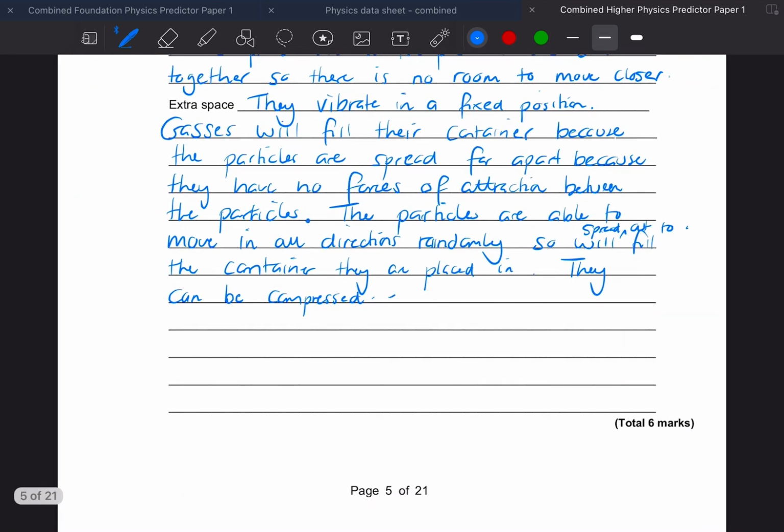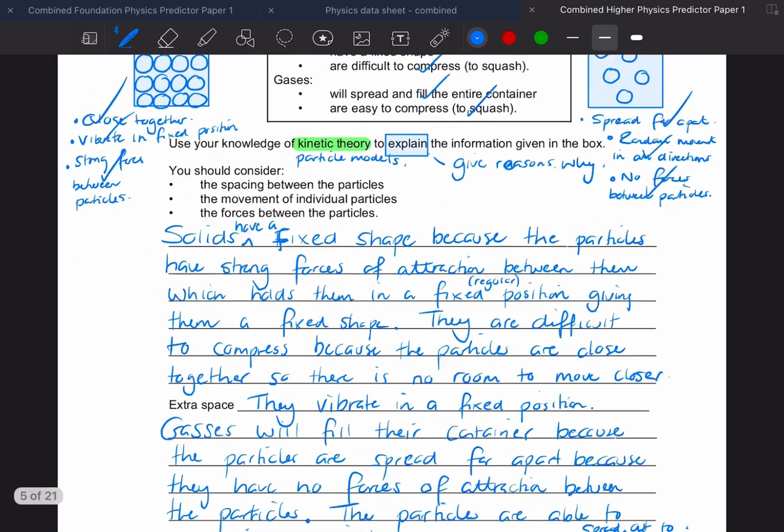So they can be compressed easily due to the particles having large spaces between each other. I apologize for the spelling there. Each other. Okay, so I think we have covered that. So I think that covers everything.